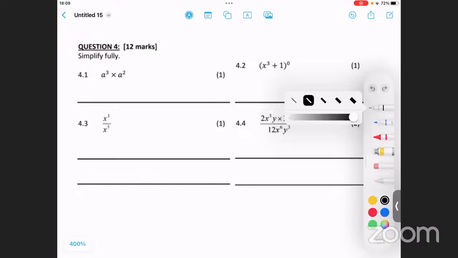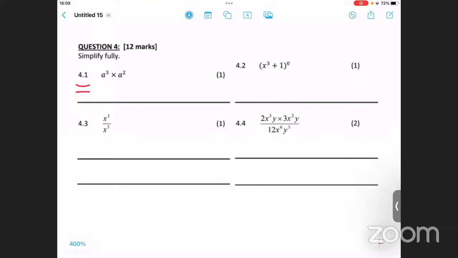What's going to be our answer for this? Zira, what's going to be the answer for 4.1? Ma'am, it's going to be a to the power of 5.